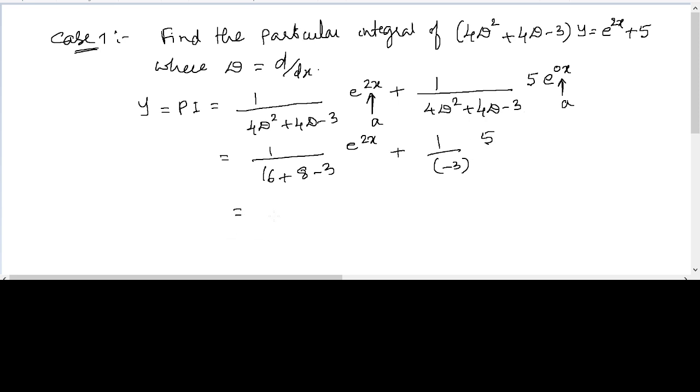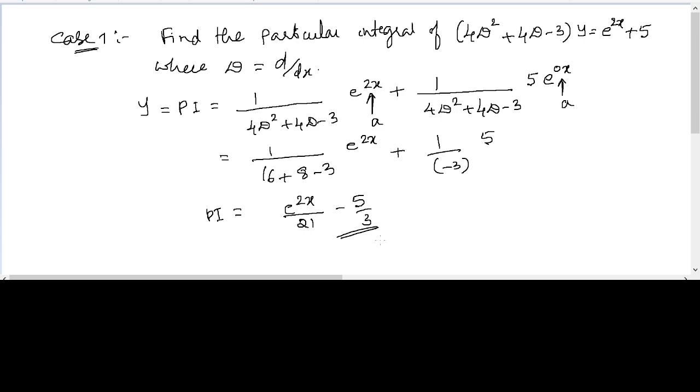So the answer becomes e to the power of 2x divided by 21, by simplification, minus 5 by 3. This becomes the particular integral of the given differential equation.